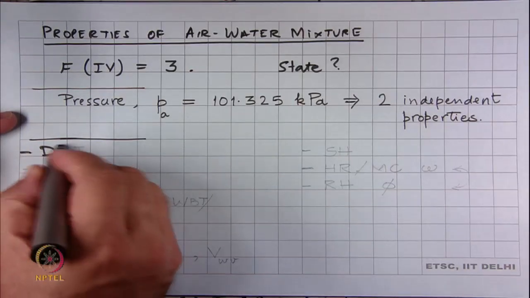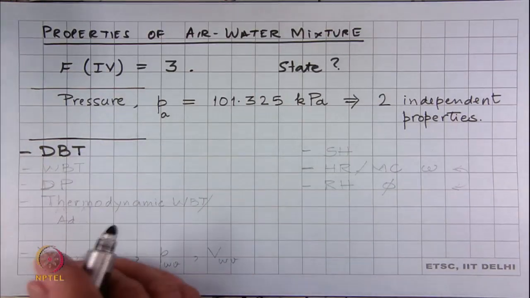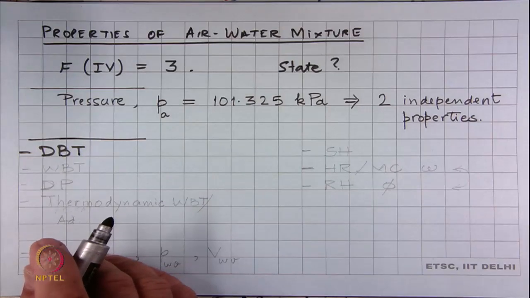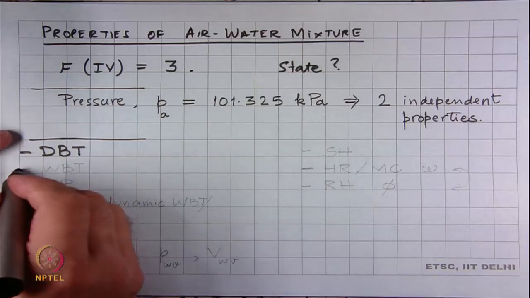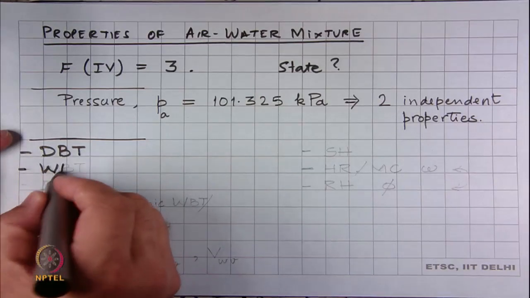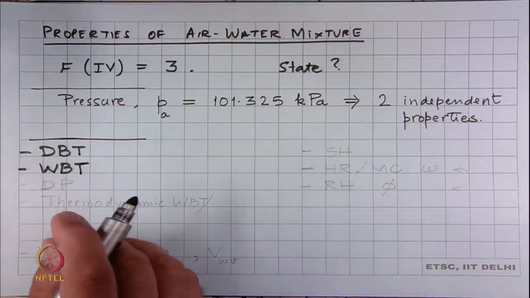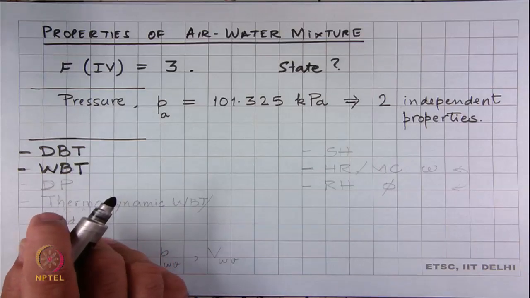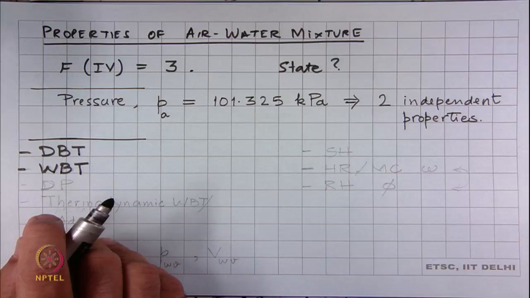The first thing, of course, we came across was the dry bulb temperature. This is the temperature of air as it is measured by an instrument sitting in air. Then we looked at another property, the wet bulb temperature, which we said is the lowest temperature that air will reach if it is adiabatically cooled by evaporating water in it.